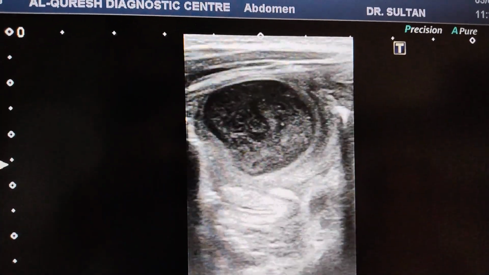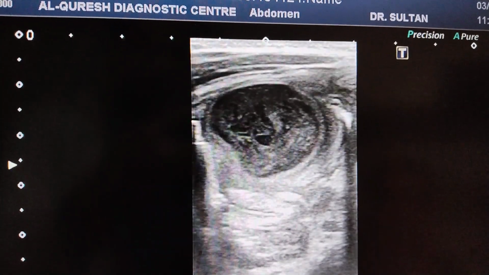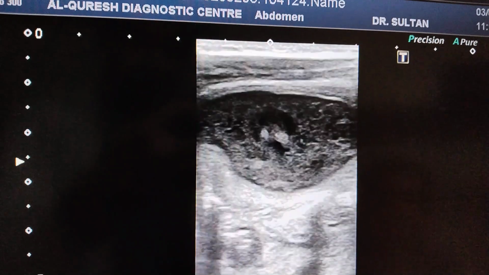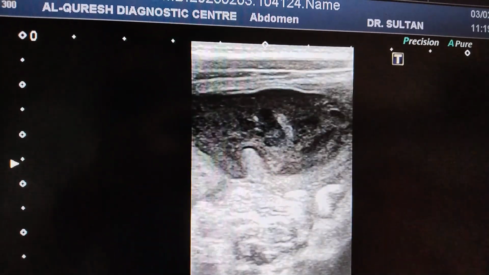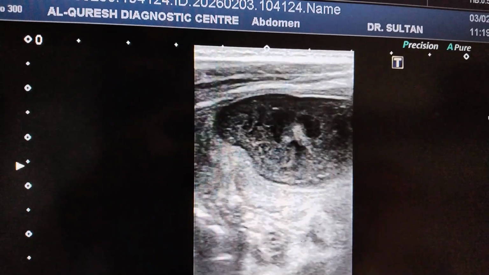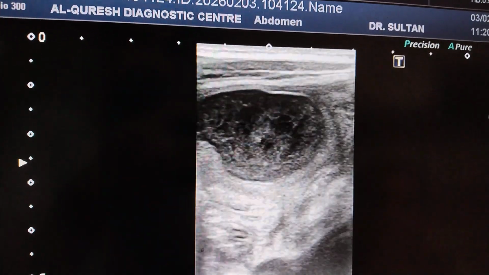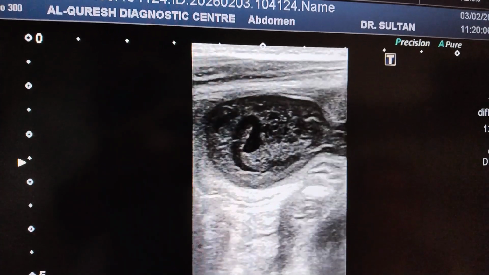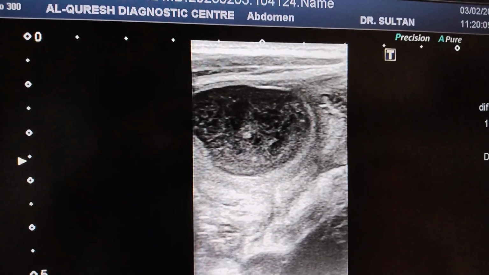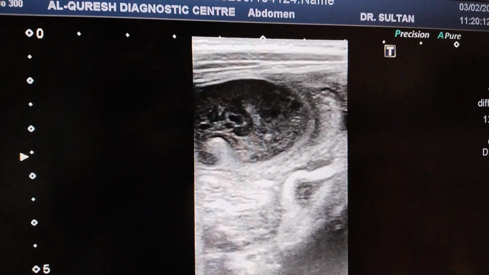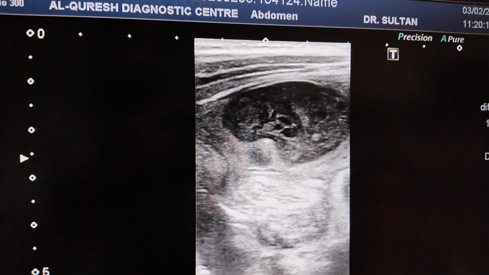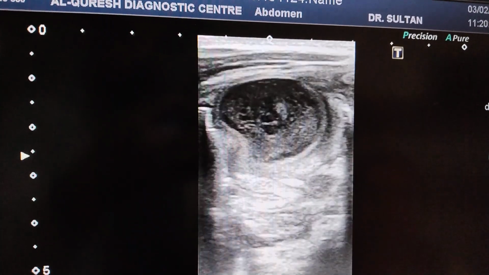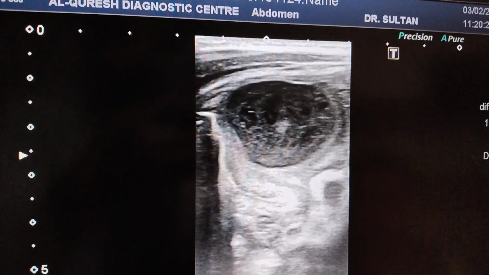So what happened, in my opinion, the appendicitis was there 7 days before. Then due to medical treatment failure, this appendicitis worsened. Then it invaginated, or was surrounded by the distal ileum, which completely surrounds this appendix.